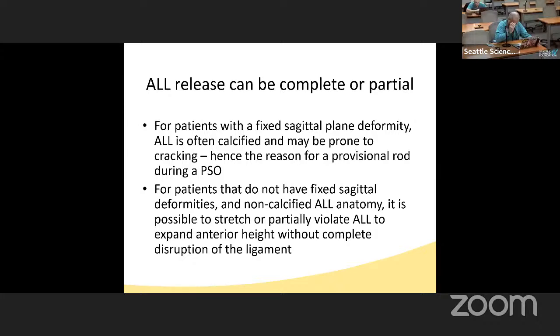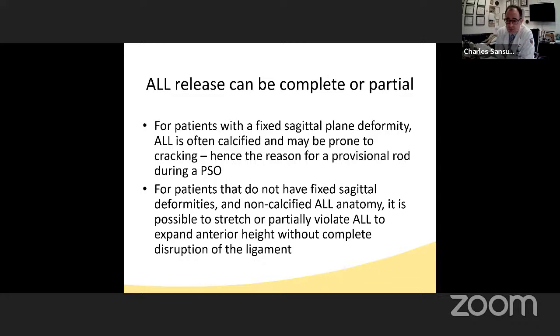Thank you. So the anterior longitudinal ligament release can be partial or complete. And when patients have a fixed sagittal plane deformity, such as in the case of ankylosing spondylitis, the ALL is often calcified.